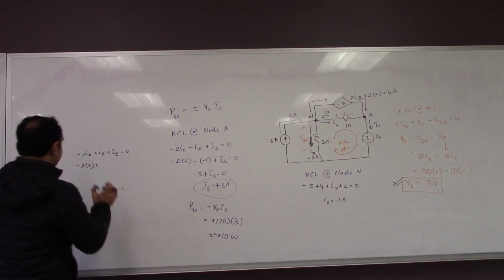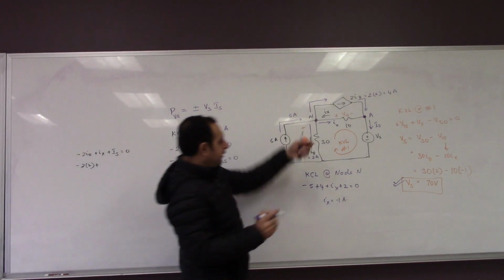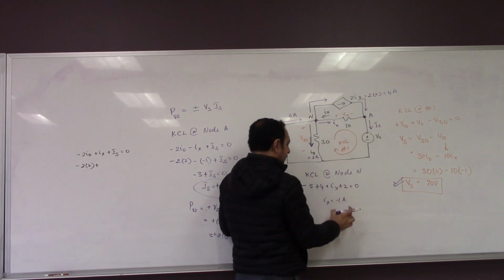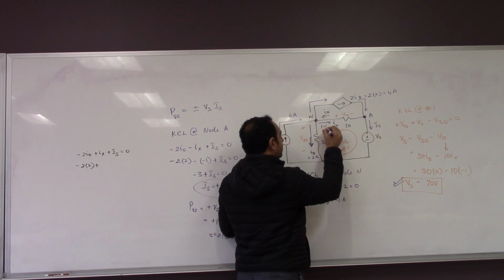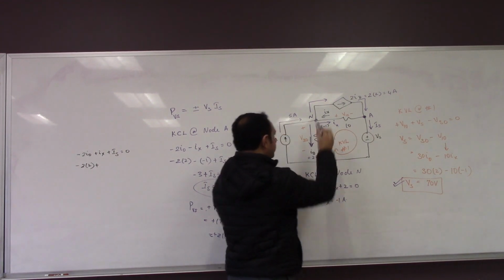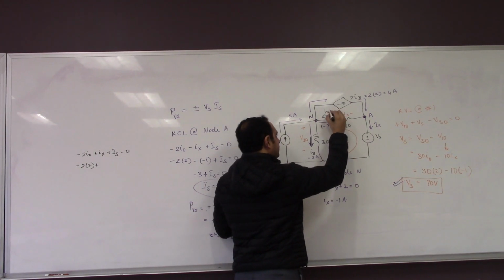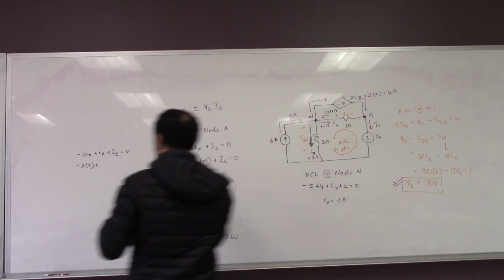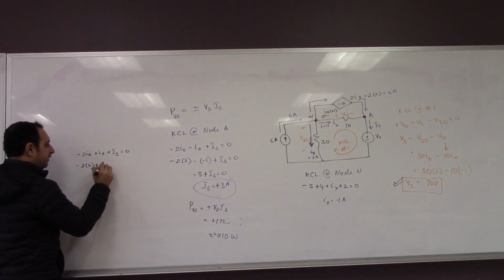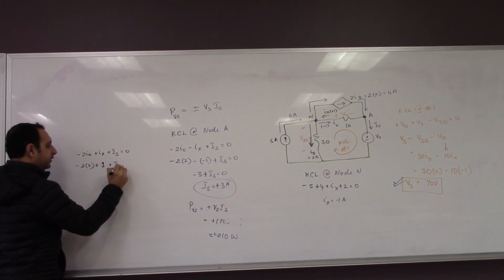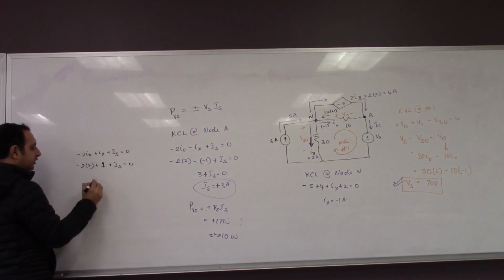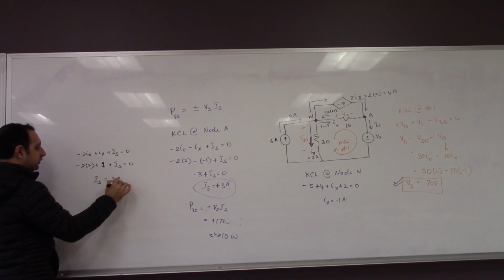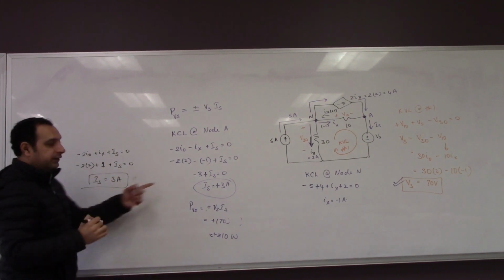All right, so in this case, now that you are taking, if you assume this direction, because it's opposite, then you have to take the current as negative 1. But if you assume the true direction, then your current is plus 1, right? Because now it's not in the opposite direction. So now if I write this as plus 1, I won't be writing it minus 1 because I'm assuming true direction. Okay, so now Is will be equal to, again, 3 amps. So you get this here.